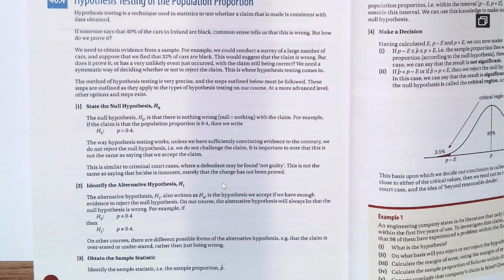The alternative hypothesis will always be that the null hypothesis is wrong. So for example, if H0 is P equals 0.4, then H1 is P not equal to 0.4. In other courses there are different possible forms of the alternative hypothesis.